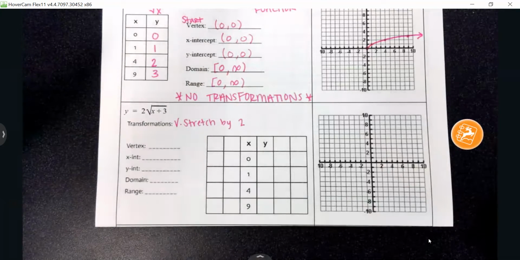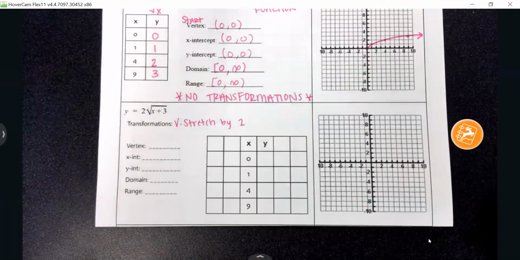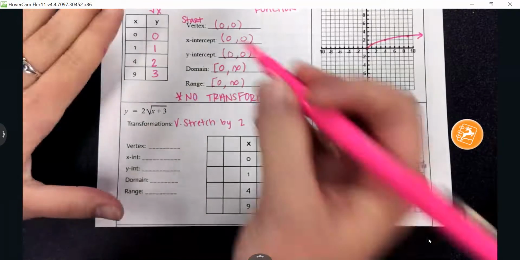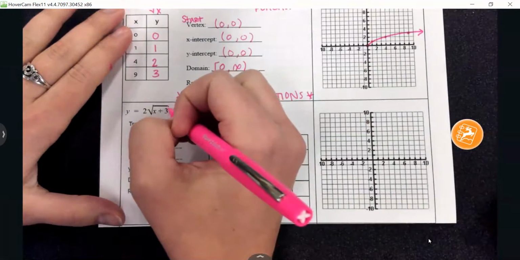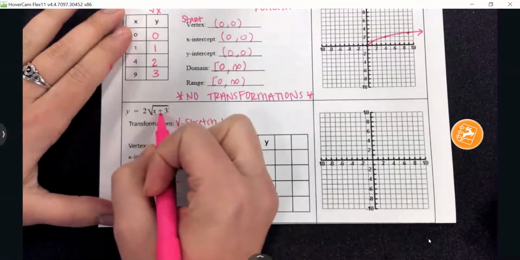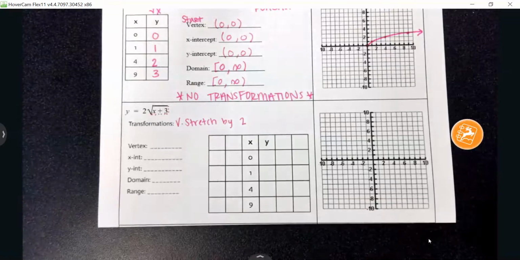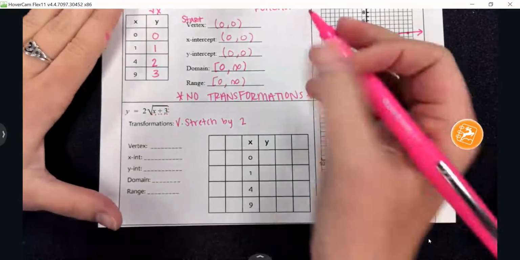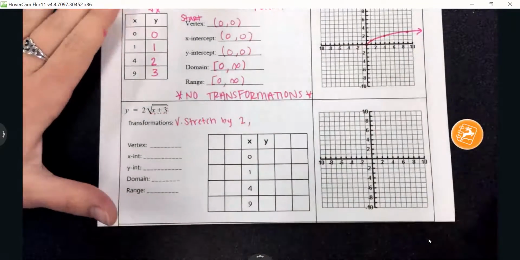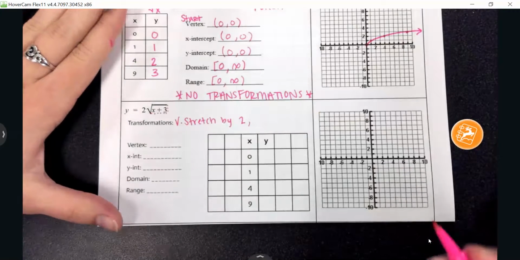How do you know it's on the inside? It's under the radical. And remember, I said yesterday, if you needed to, you could make this a rectangle where that box ends, and that's everything inside. So if I have a +3 inside, how does it move? Left 3, very good.